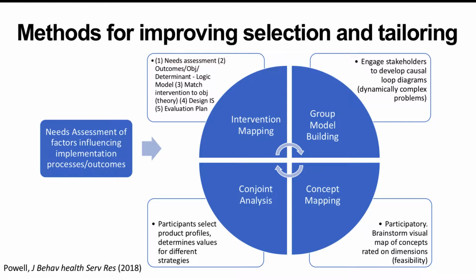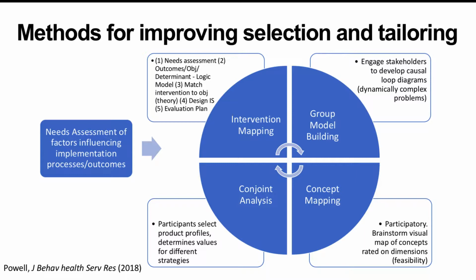Several methods have recently been proposed to improve the rigor by which we match implementation strategies to barriers. I won't spend too much time on this, but Powell and his group have proposed several methods, including intervention mapping, a 5-step process that draws upon mixed methods research, theory, community stakeholder input, and a systematic process for intervention development.